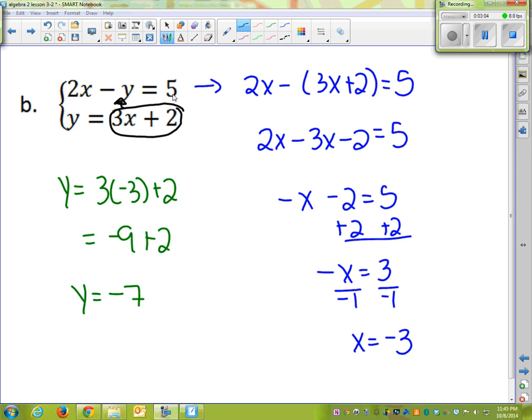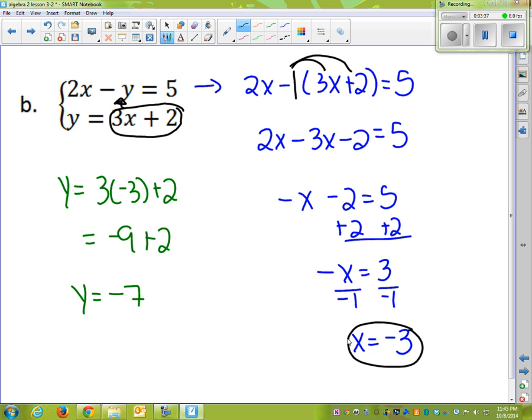Here's my solution. In blue, I solved for x. I substituted in 3x plus 2 for the y. If it helps, you can put a 1 in front so that you remember that negative is distributed to both terms in parentheses. It was minus 3x minus 2. I solved for x, and I got negative 3.